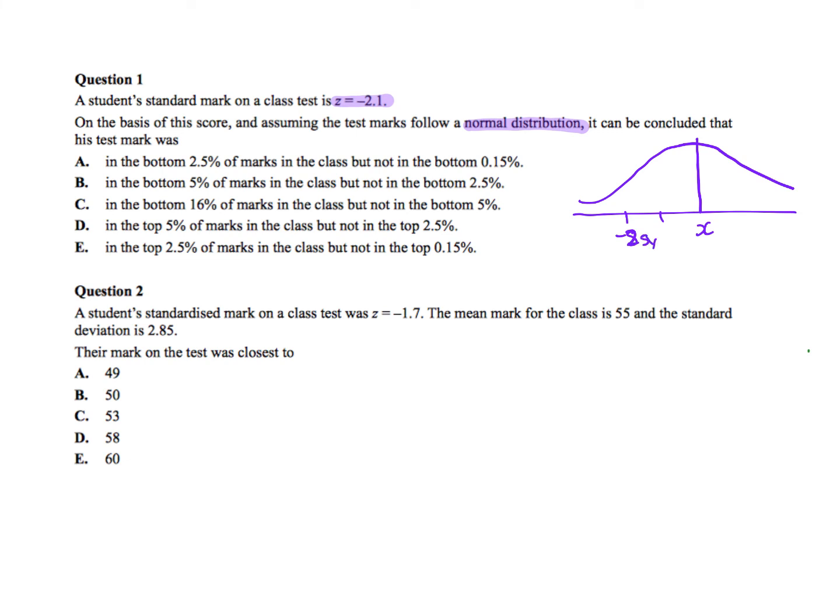Okay, so when they say it can be concluded that his test mark is in the bottom 2.5%, is that true? That is true, isn't it? Because that little pocket is 2.5, but not in the bottom 0.15. That's true too, because it hasn't gone to negative 3, has it? So this one is the good answer, I would say.